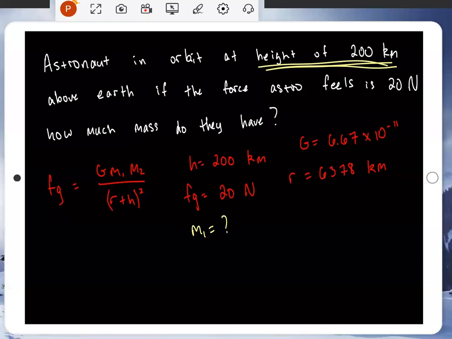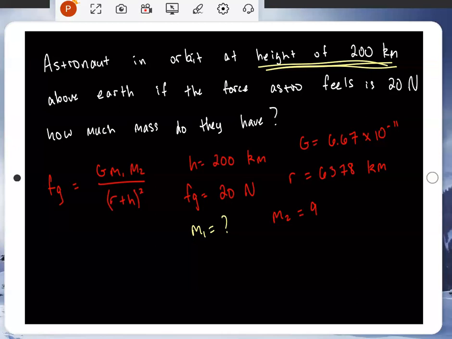Anything else? There's M2, but I'm not sure what it is. So you're not sure of the number or what it represents, or both? Oh, the number. Okay, but you know it's the mass of the Earth, right? Okay, cool. I think it's that one you were saying. I got it right here, so I'll look it up.